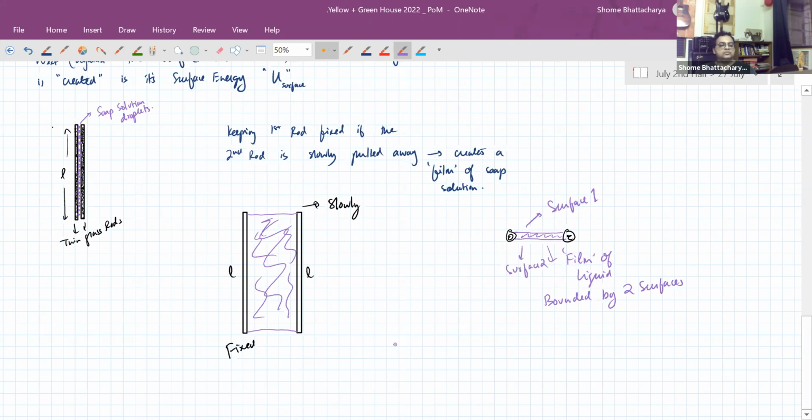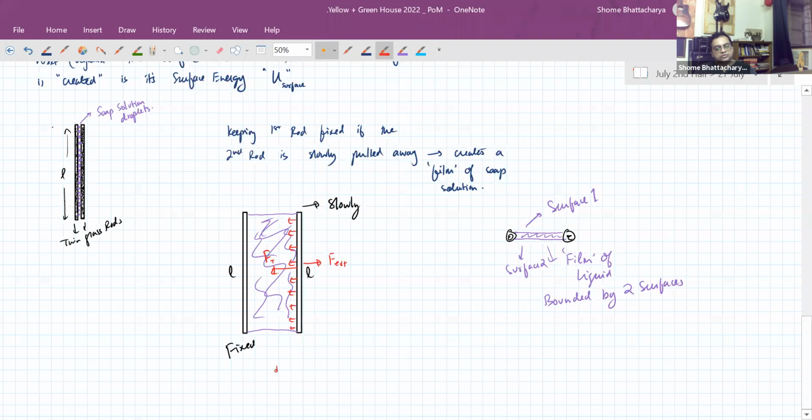surface 2. Now, in order to keep moving this, we have to apply an external force which will balance this surface tensional force that acts like this. So on any sectional length DL, there's a surface tensional force which is surface tension into DL.